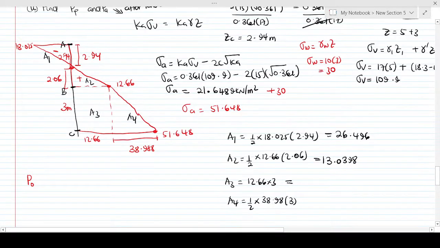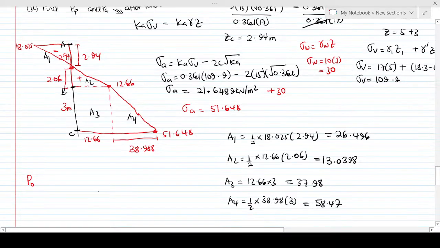And this, 12.66 by 3, that is 37.98. And this, 1 on 2 multiplying 38.98 by 3, that will give us 58.47.